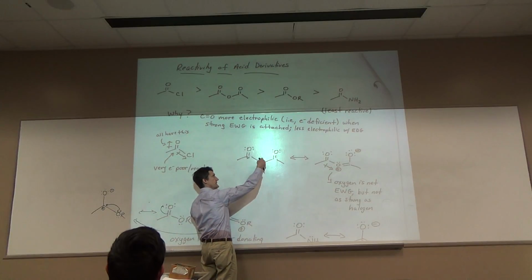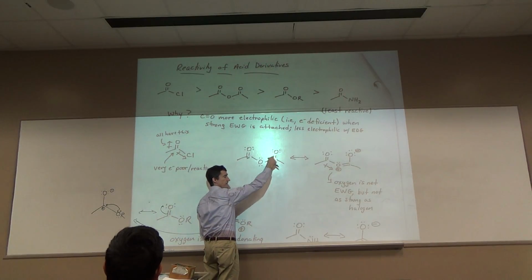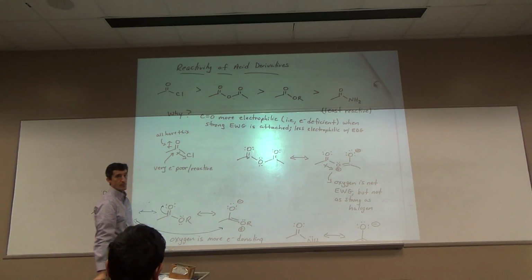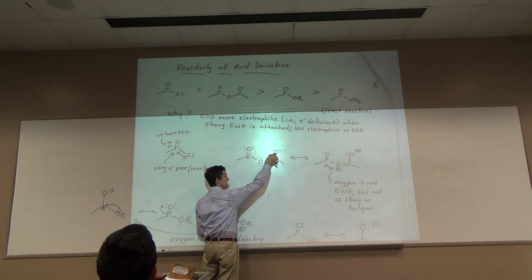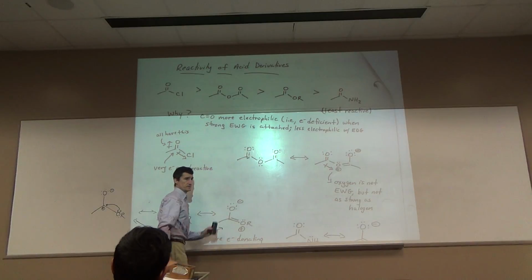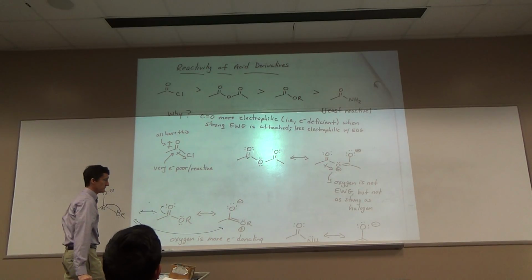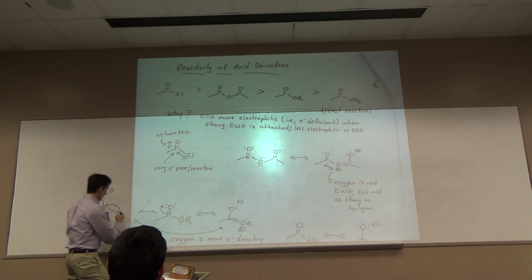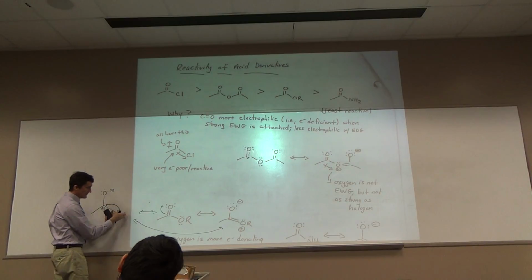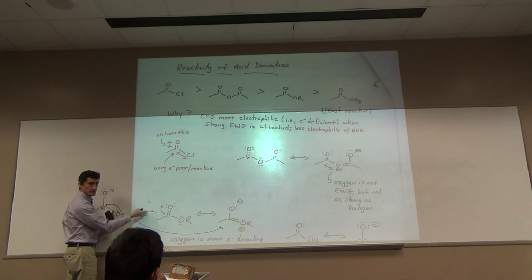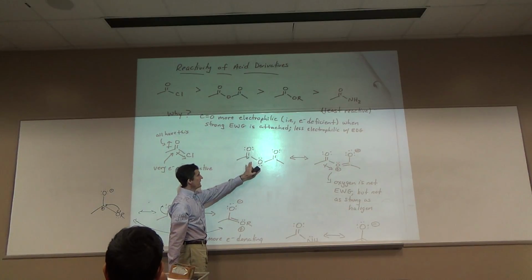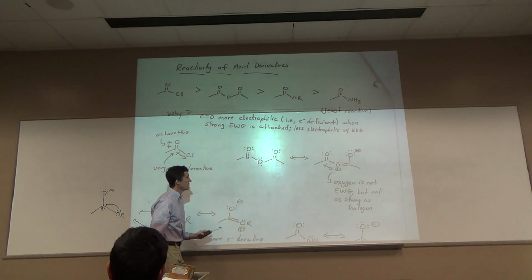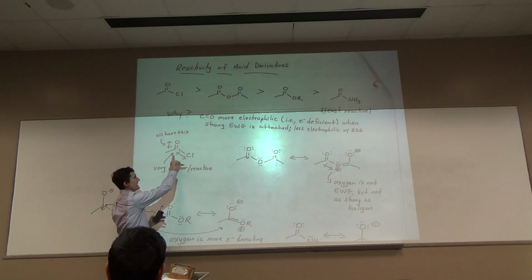Keep in mind that this oxygen is also donating this way. Since it's donating this way, it doesn't donate that way as much. The ester oxygen donates more because it's not donating in conjugation the other way. So the anhydride carbonyl tends to be more reactive than the ester, but it's not as reactive as the acid chloride.